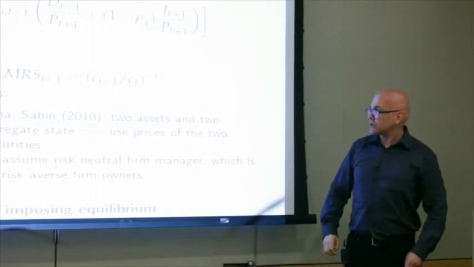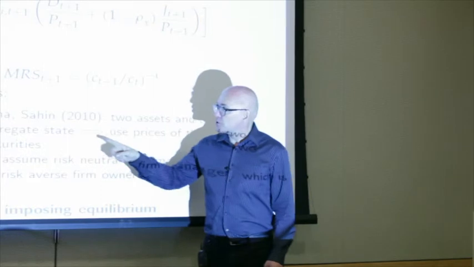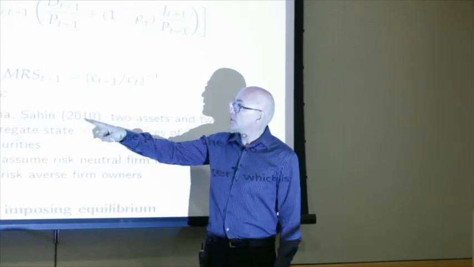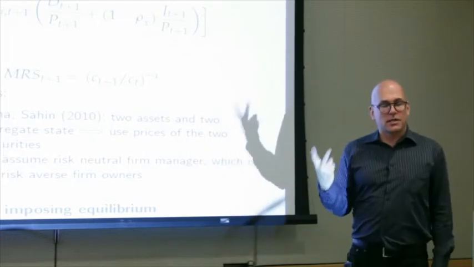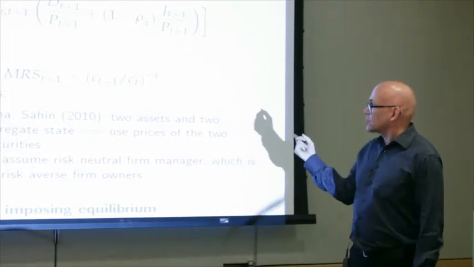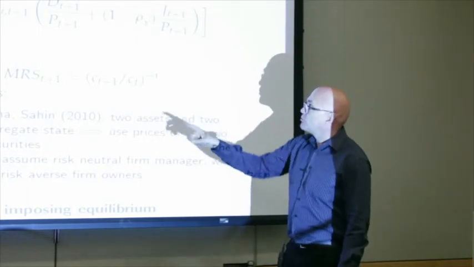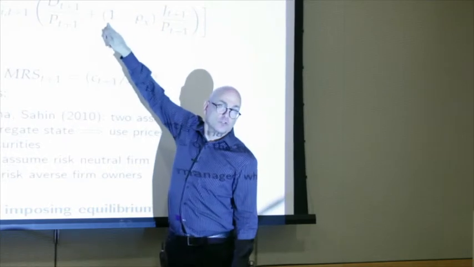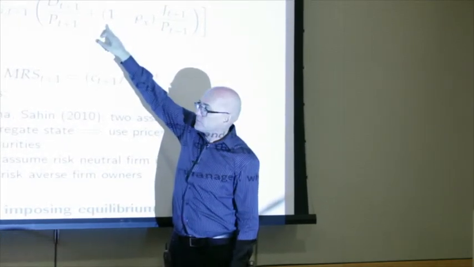One nice solution is by Krusell, Mukoyama, and Şahin, and they have for the aggregate state z only two outcomes. They also have two assets, so you can use the prices of the two Arrow-Debreu securities to price the two possible outcomes for the return of the firm.